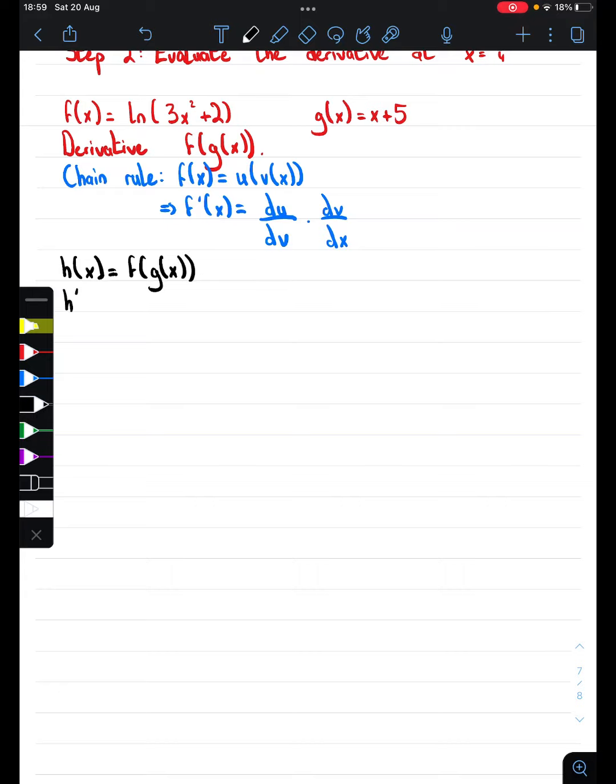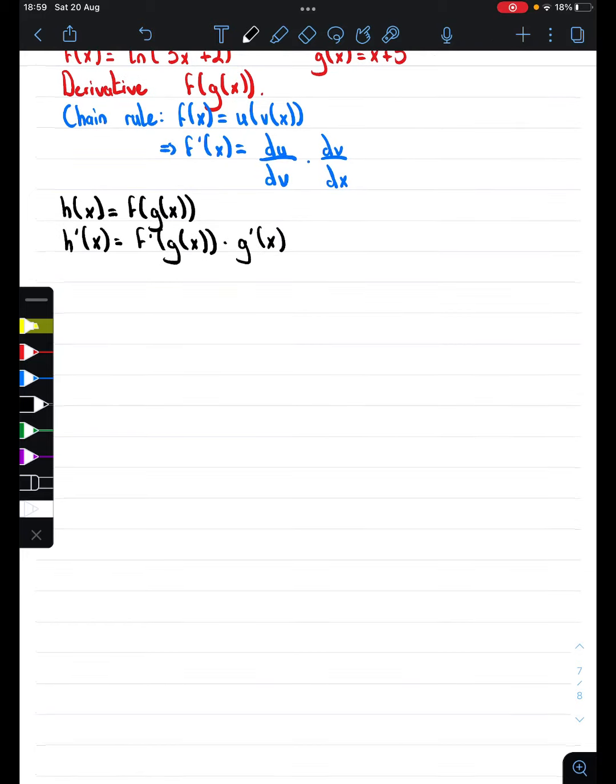Then the derivative of h is the derivative of f evaluated at g of x, so f prime of g of x, times g prime of x.